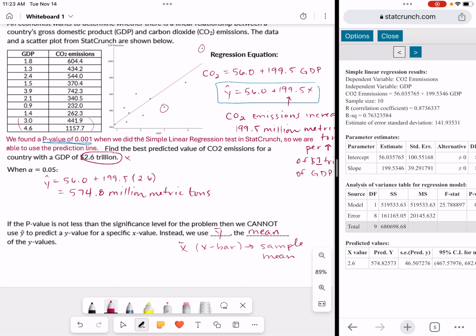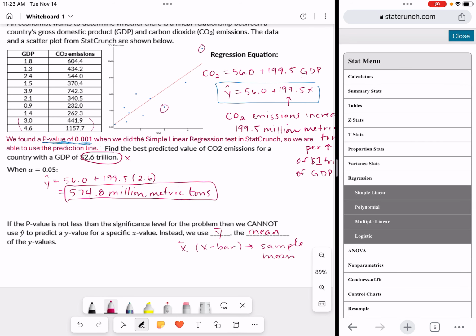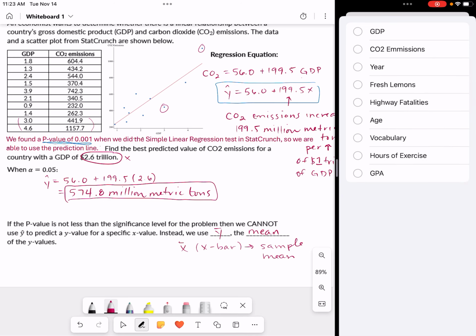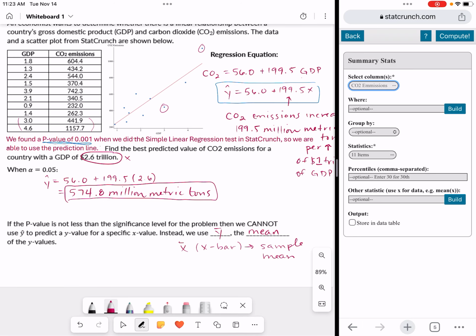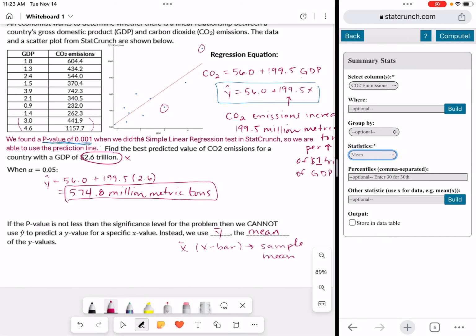And in this case, like I said, we get to use this equation for this example. But if we didn't, you can always find the summary stats for that column and make sure you pick the y, not the x. And if you want to, you can select it to where we only have the mean, so we don't have to dig through all the different values.